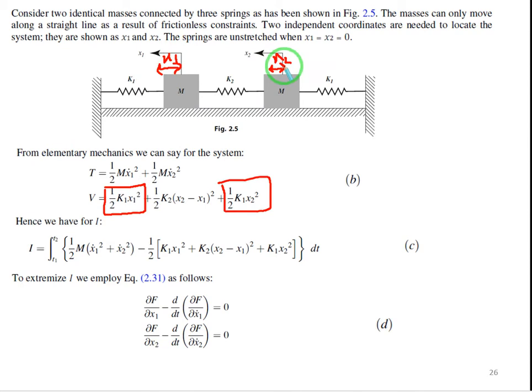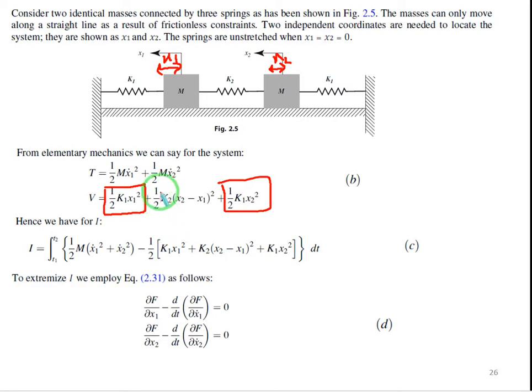Or if x2 is greater than x1, the middle spring is compressed by the value of x2 minus x1. There is no difference if we use x1 minus x2 or x2 minus x1. All of them reach the same value of the potential energy.